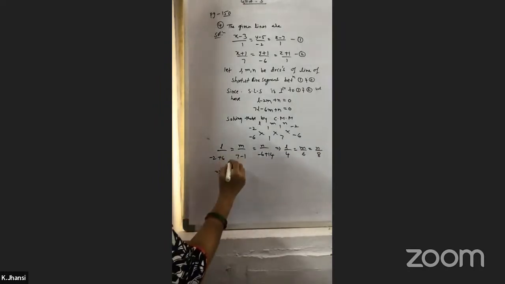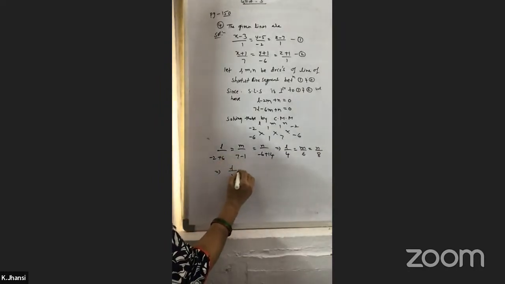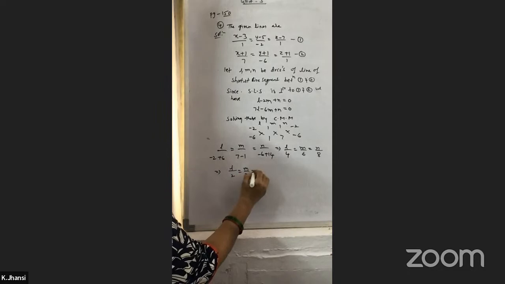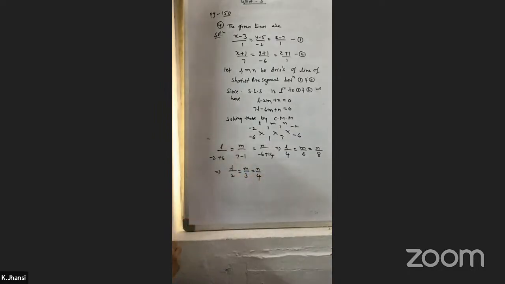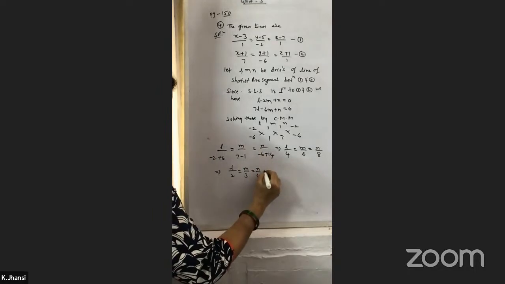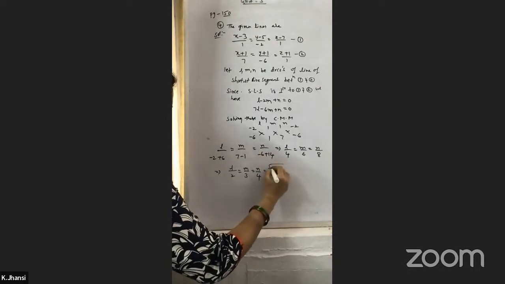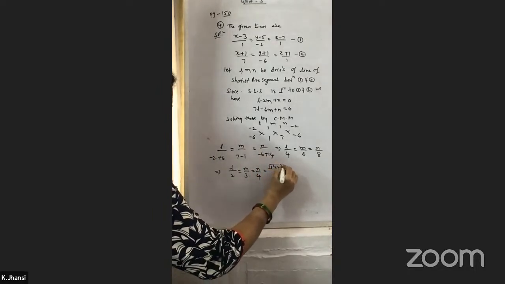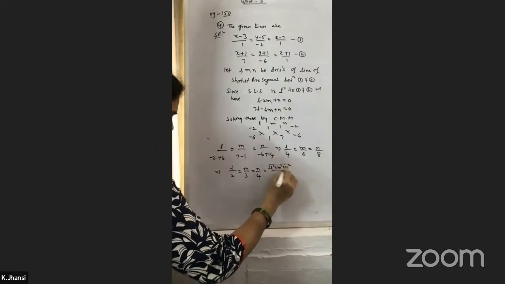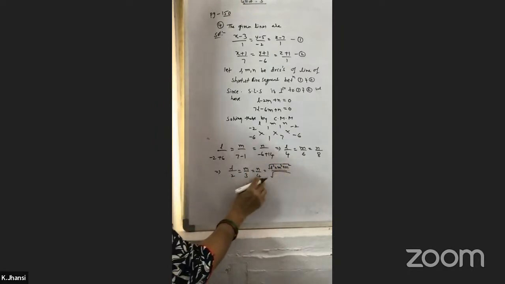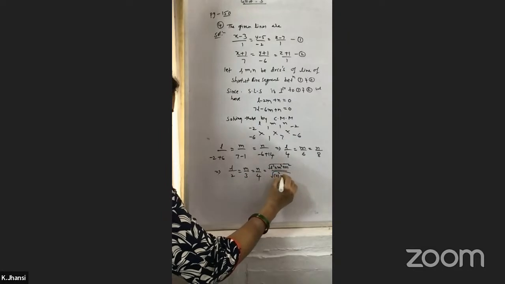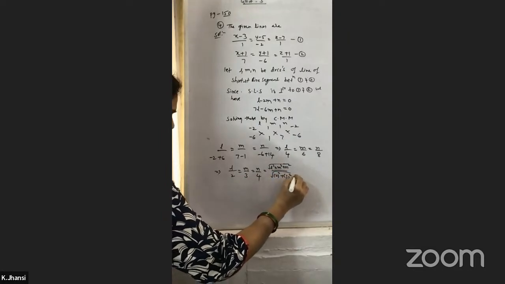So this has the factor of 2. You will take that out, and you will get l/2 = m/3 = n/4. So if you take out the 2, you will get the common terms as 2, 3, 4. We have the formula l/a = m/b = n/c = the square root of (l² + m² + n²) divided by the square root of (2² + 3² + 4²).